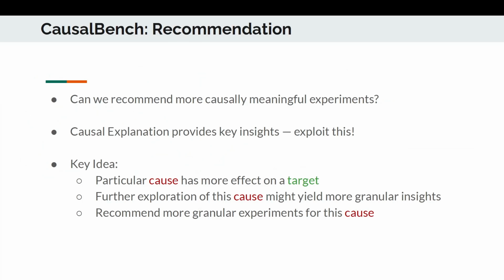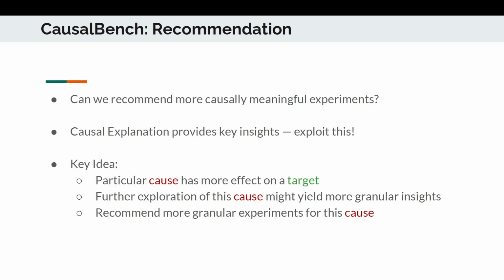So causal explanations by themselves aren't insight enough, but we aim to provide transparent and explainable benchmarks. Why should we not utilize this information to provide more causally meaningful experiments? As CausalBench, we have taken that step ahead as well, and we have utilized this information to recommend additional benchmarks.